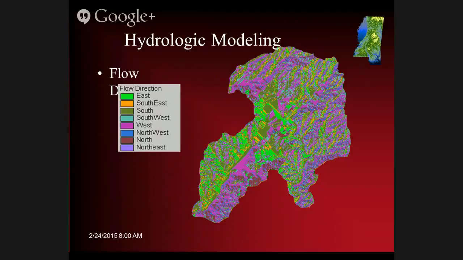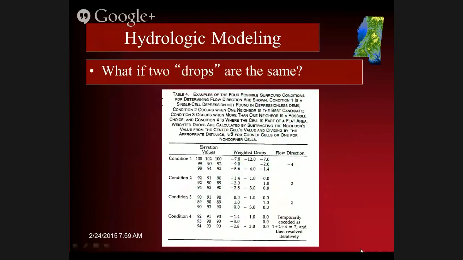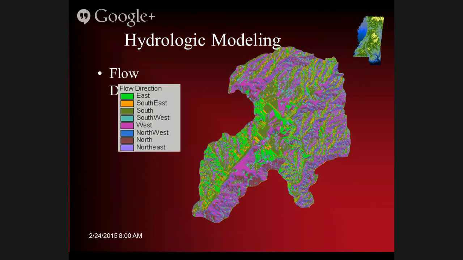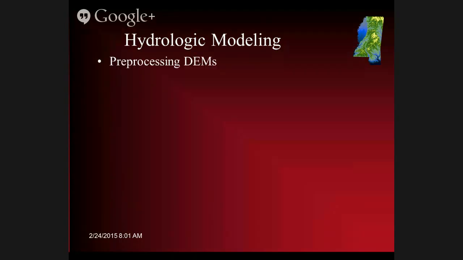Now, different GIS systems will implement this differently. In the paper here, it says it is then resolved iteratively. So different GIS systems will resolve that conflict of it flowing in 2 or 3 different directions and produce a map that looks like this. So every cell has a direction that it's flowing.